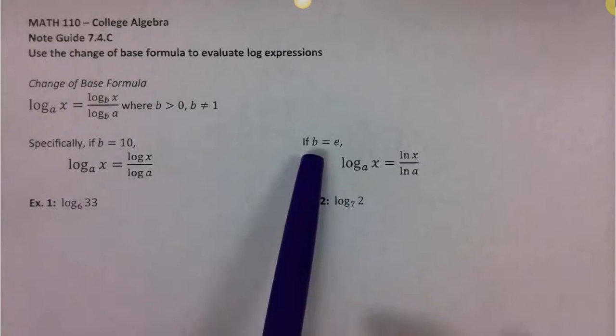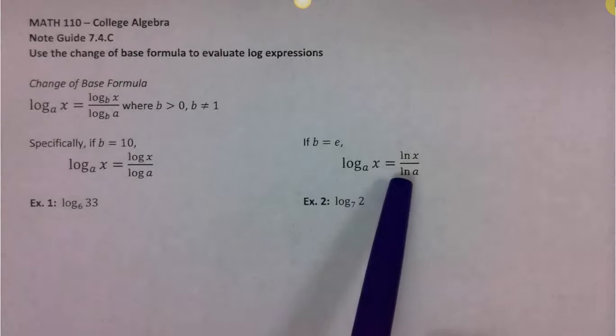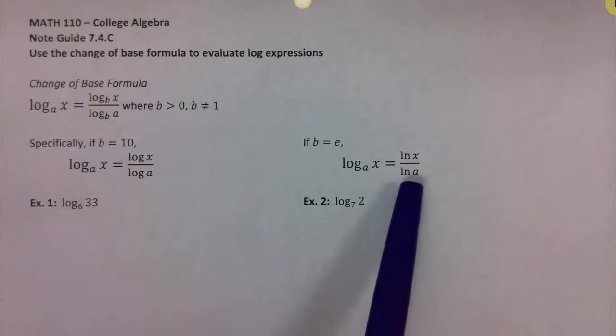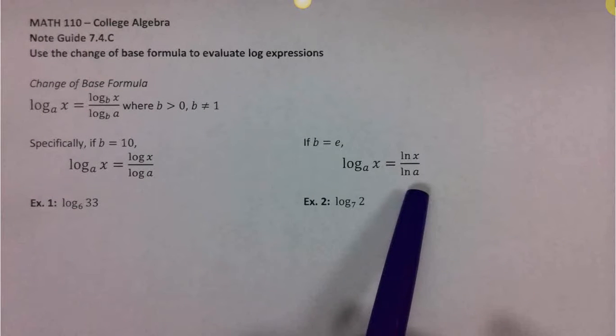We could also let b equal that number e, in which case our formula becomes the log base a of x is equal to the natural log of x divided by the natural log of a. And again, we can plug this into our calculator because we have a natural log button. And it makes absolutely no difference which of these two expressions you use. You will end up with the same answer either way.